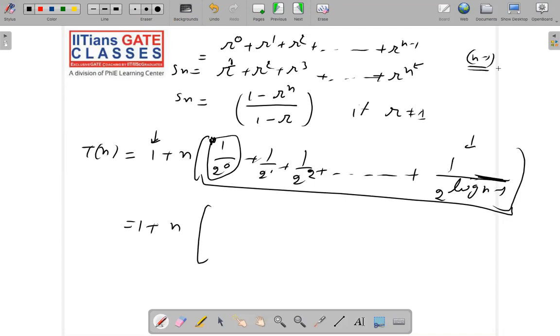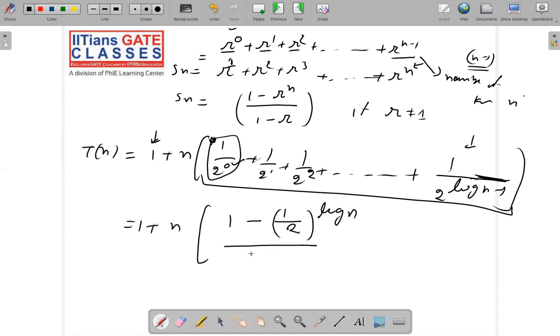But if you count the number of terms with 0, 1, 2, and so on, the number of terms is still n, because we are starting from 0. So the answer is 1 minus 1 upon 2 raised to power log n, upon 1 minus 1 by 2.